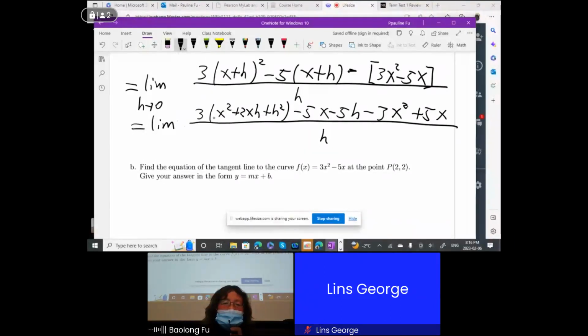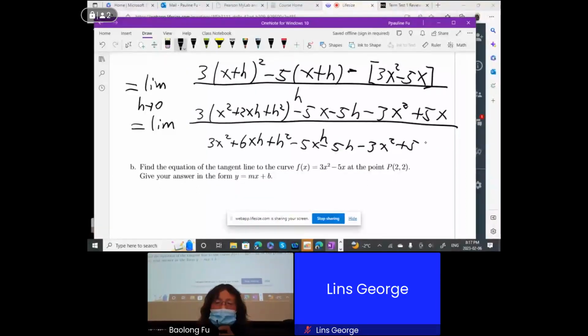And then you take away the bracket, the top becomes... there is a limit.